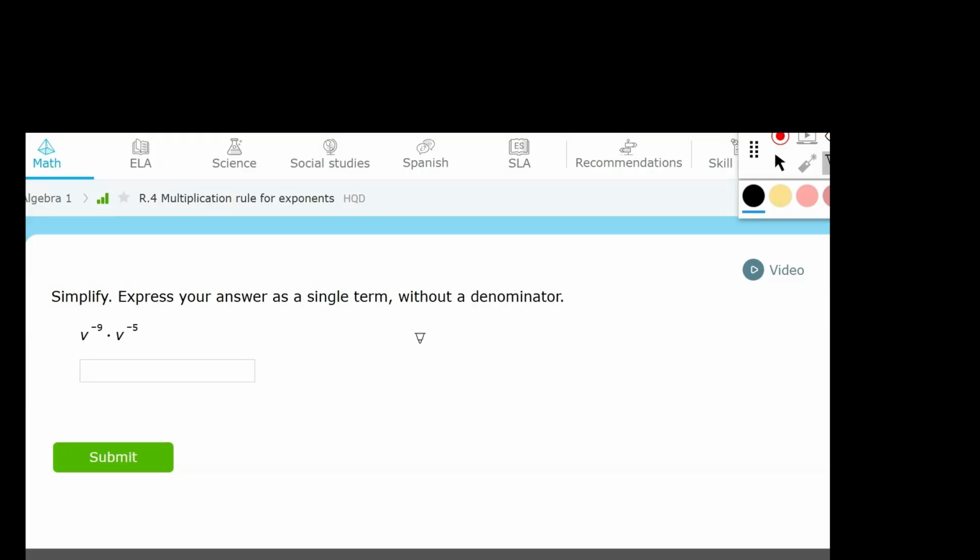Here's another example. Here we have v to the negative 9 times v to the negative 5. Again, we want to start thinking about do we have a similar base here? Yes, in this case it's v. So remember our rule. When we multiply exponents with the same base, we keep our base and we add our exponents.